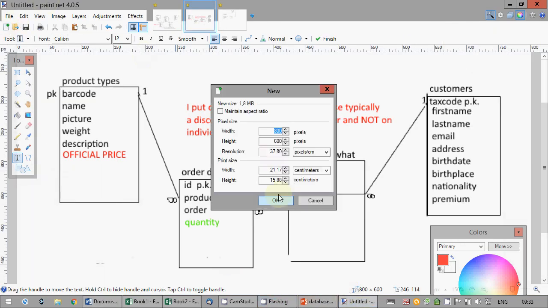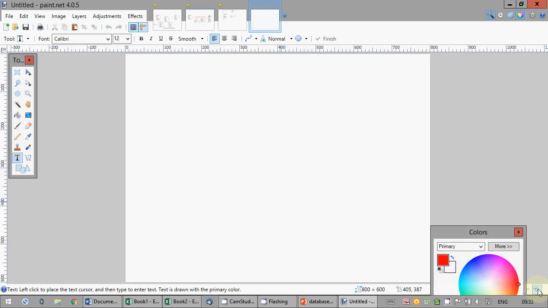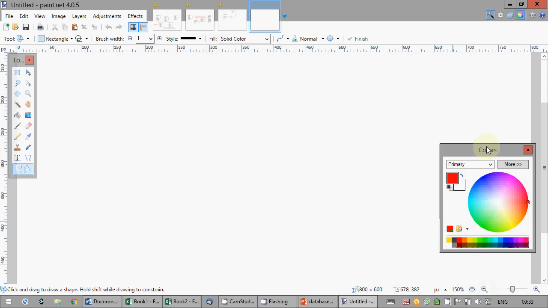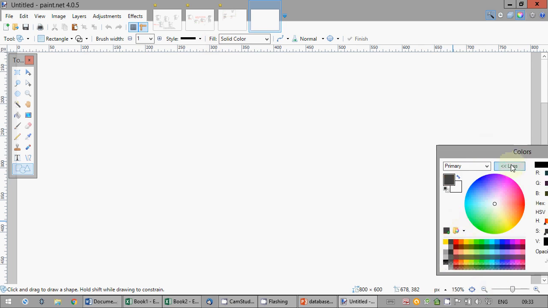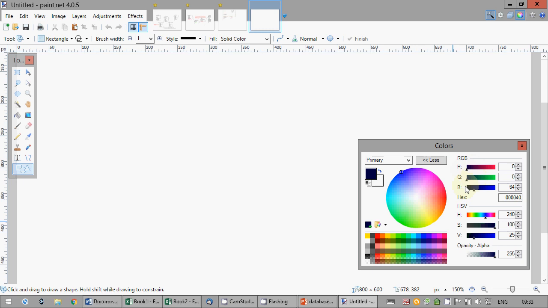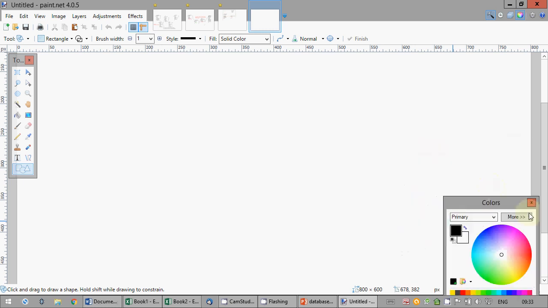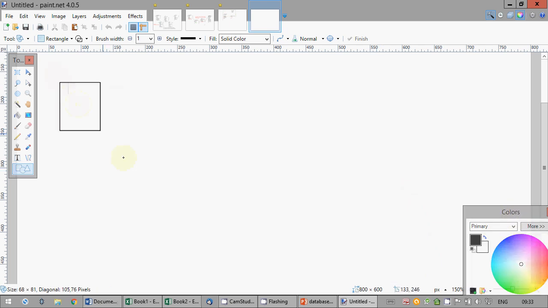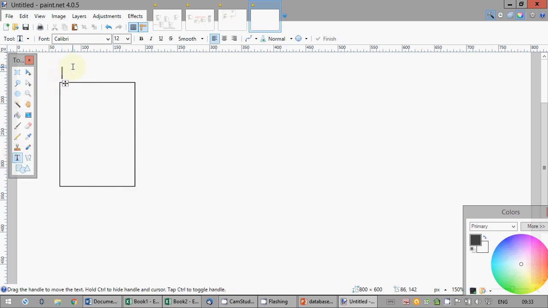Let's see. We have here the phones table with number, which is a primary key, and owner.